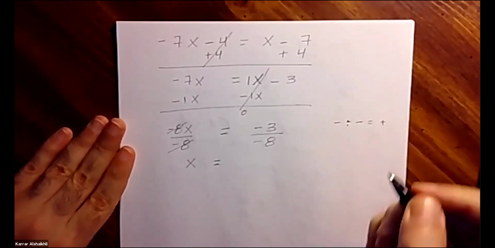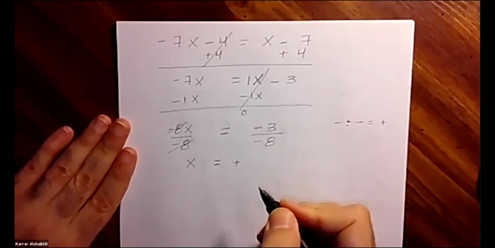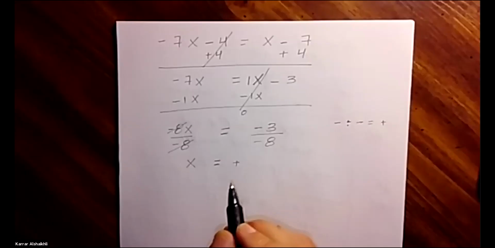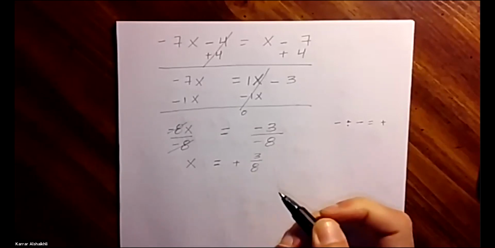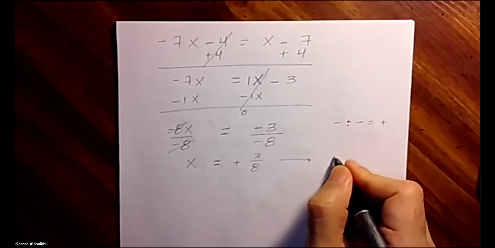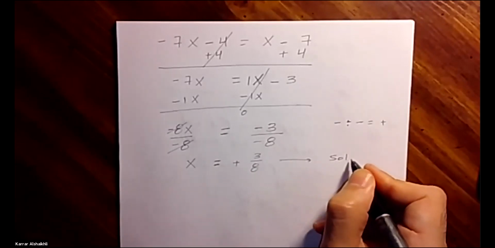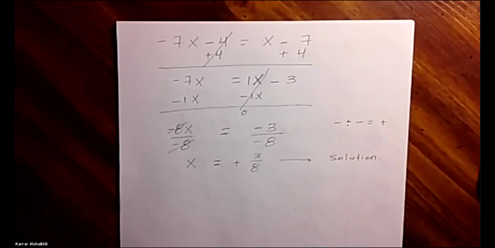The result is supposed to be positive, so negative divided by negative is going to be positive. Can you divide the 3 by 8? It's going to be a decimal number, so just keep it as 3/8. That means the solution is a fraction, positive 3/8.